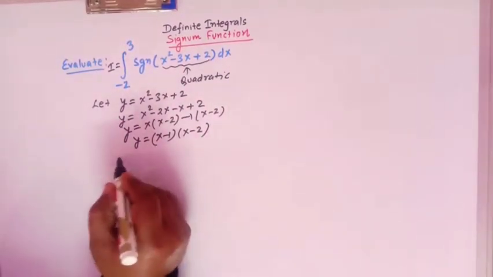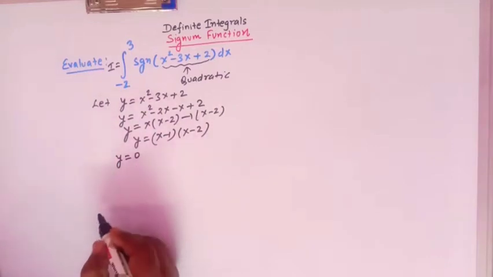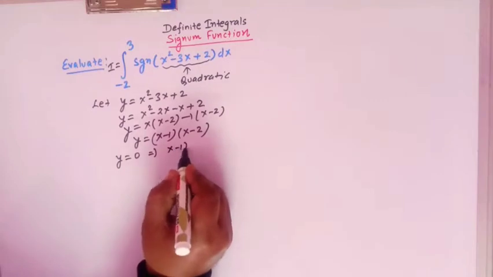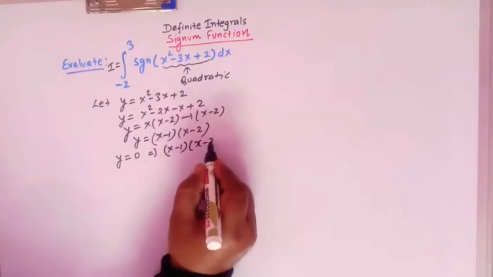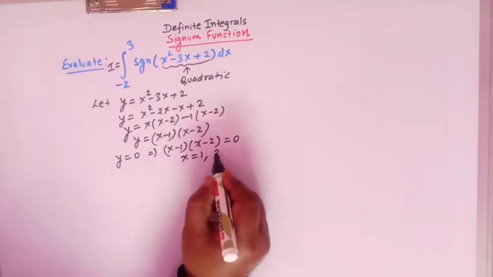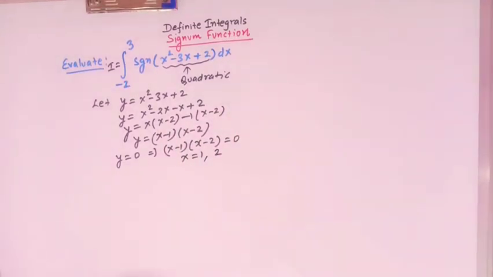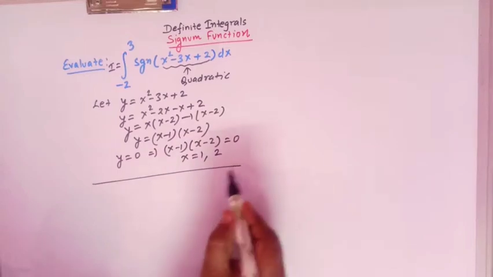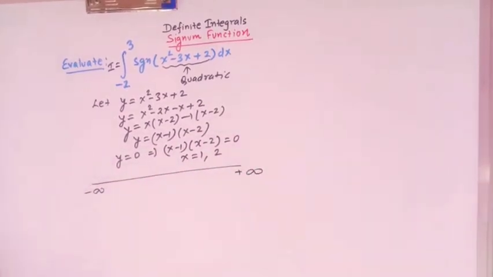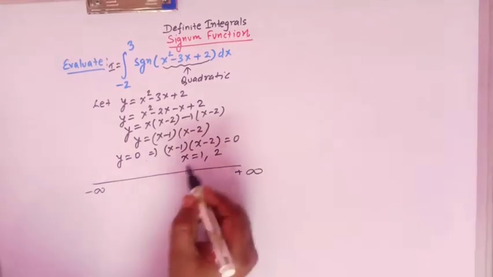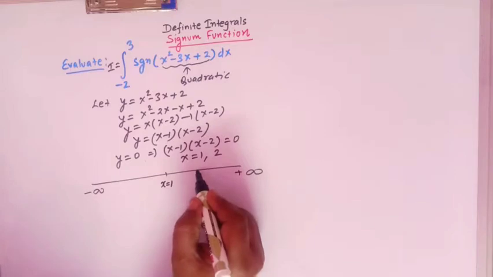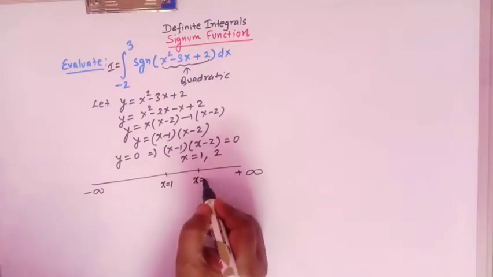Now if we solve the equation y is equal to 0, it means we have to solve x minus 1 times x minus 2 is equal to 0. So we have x is equal to 1 and x is equal to 2. Now if we take the real number line, x equal to 1 lies somewhere here and 2 lies somewhere here.